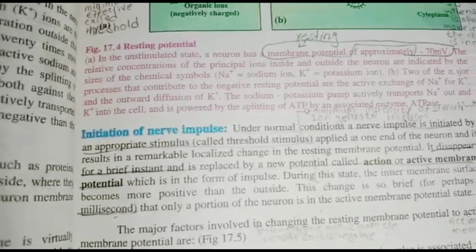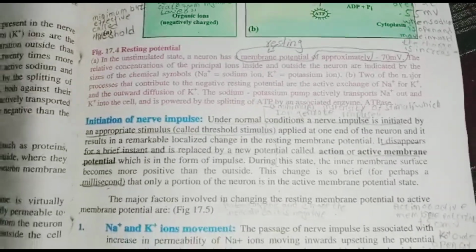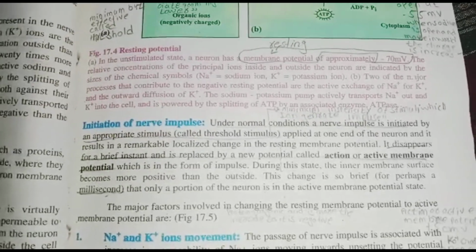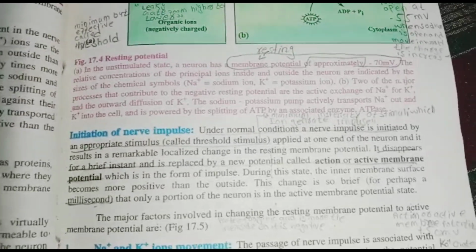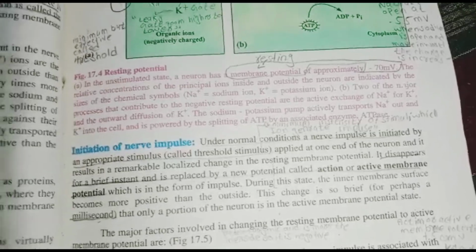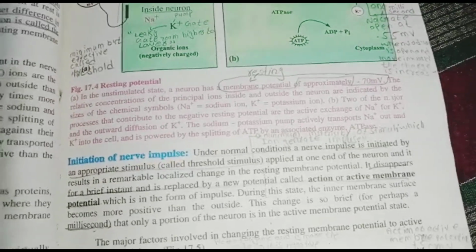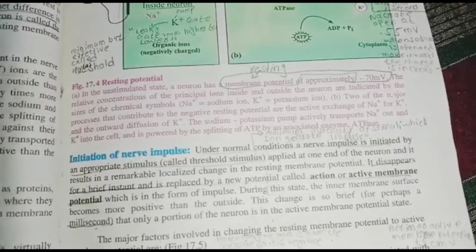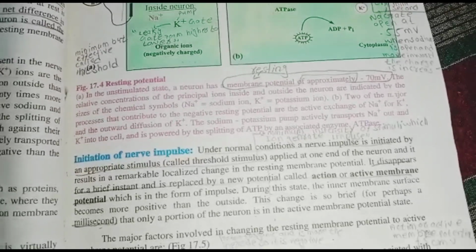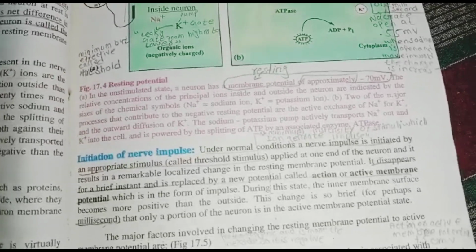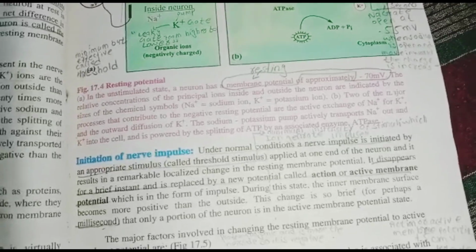Initially, under the normal condition, the nerve impulse is initiated by an appropriate stimulus applied at one end of the neuron, and it results in a localized change in the resting membrane potential.